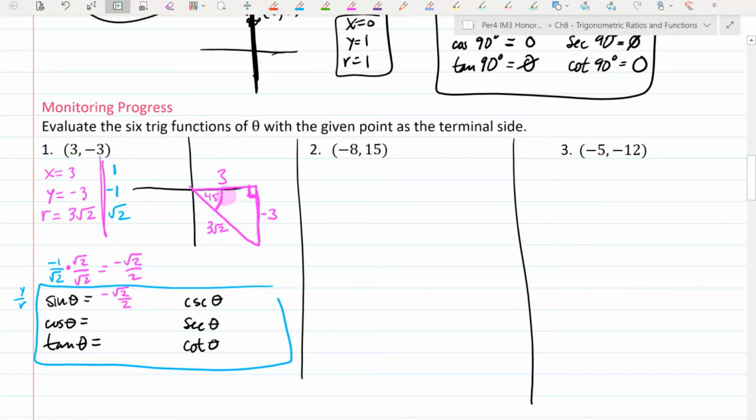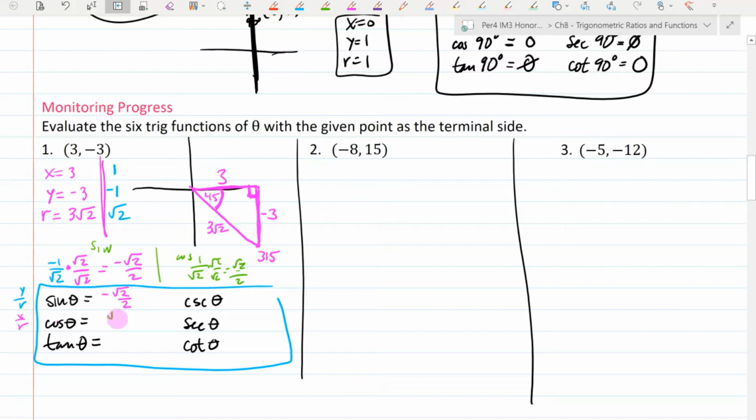Remember when we did all the 45 angles, this is 315 here, all the 45-degree reference angles on the unit circle, then all the xy's were radical 2 over 2. For cosine, it's going to be x over r. So for cosine, this is sine. For cosine, it's going to be x over r. So if you multiply by radical 2 over radical 2, you get radical 2 over 2.